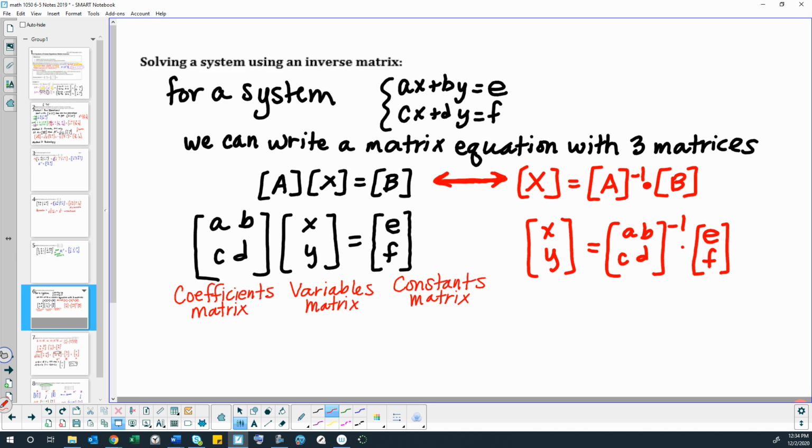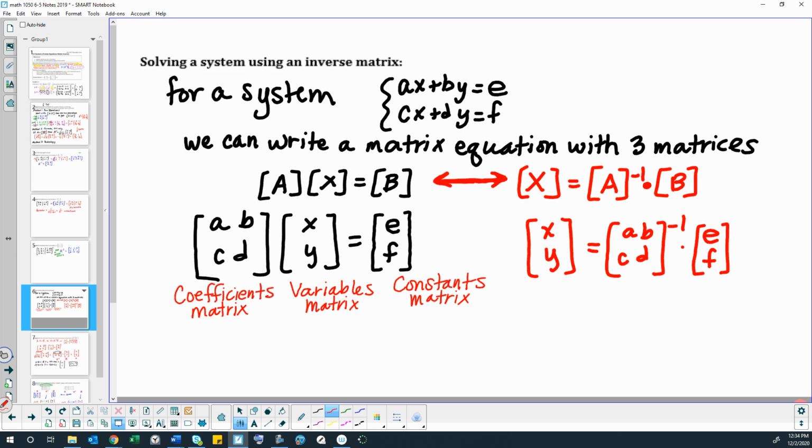So here's how this works. Since this is in matrix notation, let's say we have a matrix times the answer matrix equals another matrix. That would be saying that these coefficients A, B, C, and D are our one matrix. X and Y is our matrix.